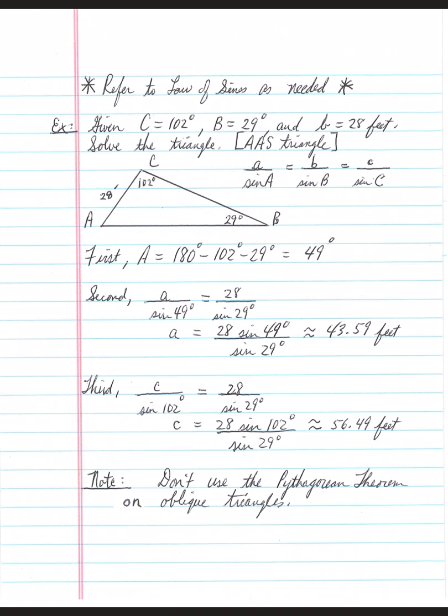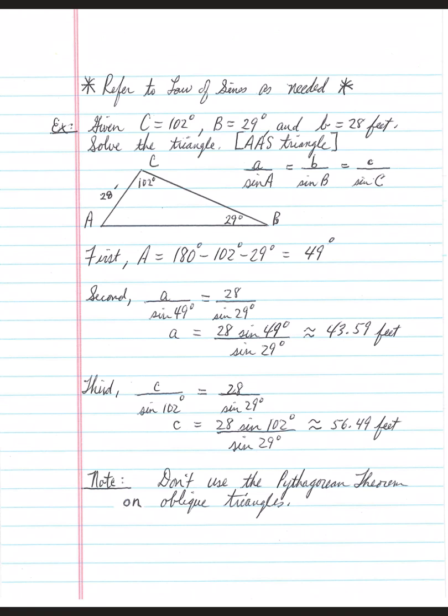So let's suppose we want to get side A. We need to set up a fraction of A over sine of capital A, or angle A. The other fraction that you compare it to, you need to know both side and angle of the same letter. Side B, angle B. In the law of sines, you will only use two of the three at a time.